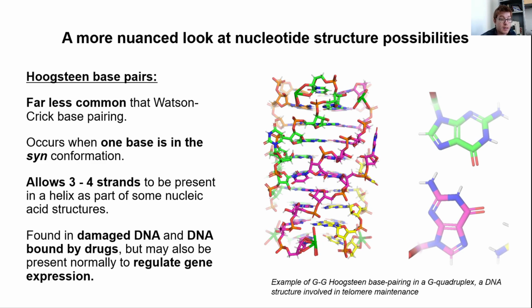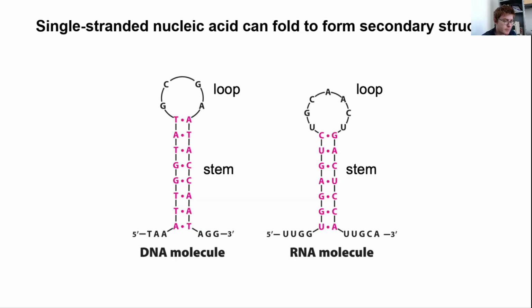If you look closely in this structure, you would see an example of a GG Hoogsteen base pairing interaction right here. Hoogsteen base pairs also sometimes form when DNA is damaged or when DNA is bound by drugs. And so they have damage responsive roles, but it is thought that in some cases these structures may be important for gene regulation.